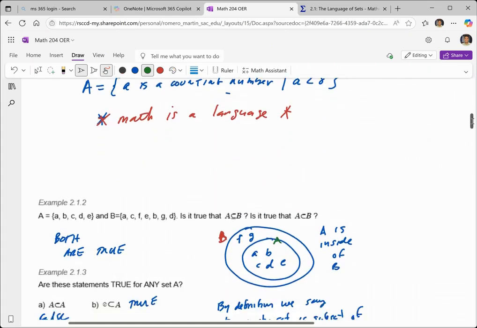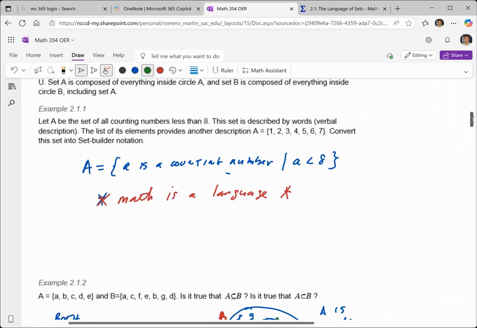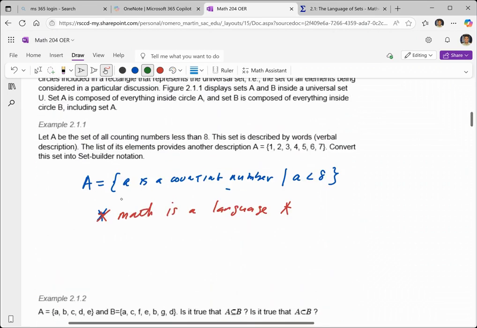So let's take a look at examples. Since I'm done explaining, we have 3 examples back to back here. If we're talking in verbal description, let A be the set of all counting numbers less than 8. That's a verbal description. We could also write it this way, which is the set notation.